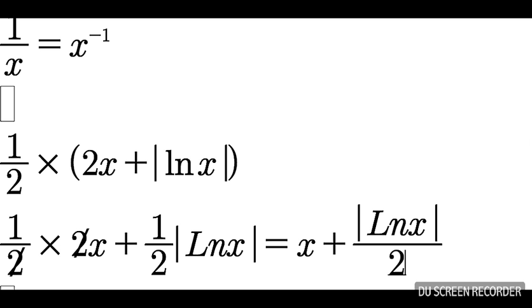So this actually is the solution: the integral of (2x plus 1) all over 2x dx is equal to x plus the natural log of the absolute value of x, over 2. That is our answer.